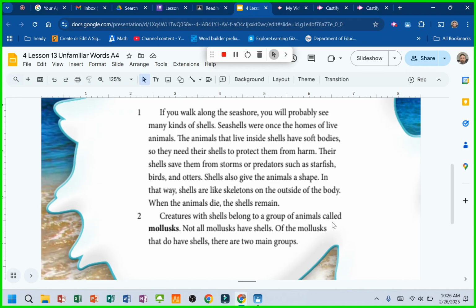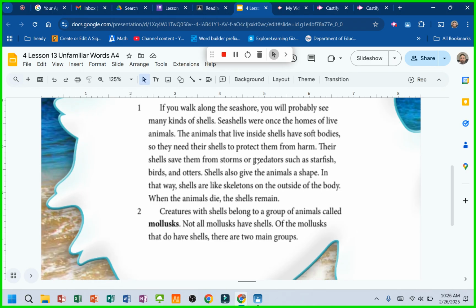Their shells save them from storms or predators such as starfish, birds, and otters. Shells also give the animals a shape. In that way, shells are like skeletons on the outside of a body. When the animals die, the shells remain.